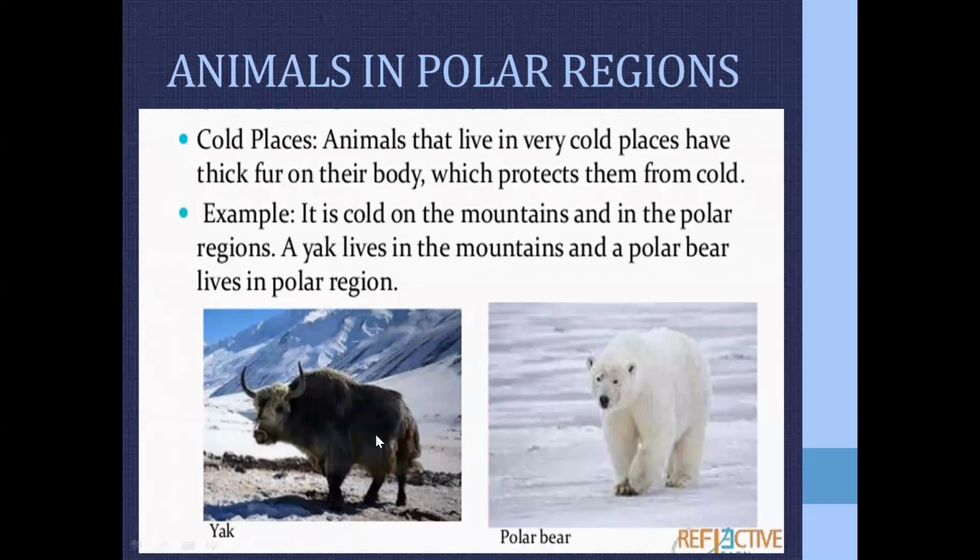Animals that live in very cold places have thick fur on their body. You can see how much thick fur this polar bear has, how much thick fur this yak has. This thick fur protects them from cold. Got it?